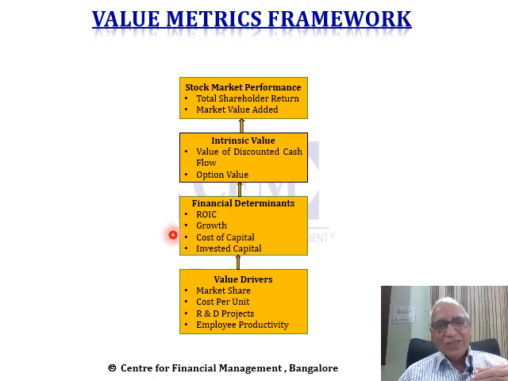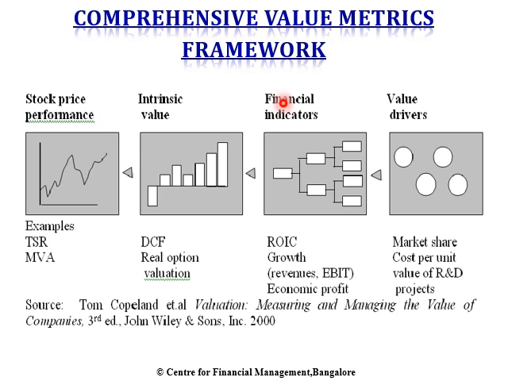We have seen that these are factors which determine the value of the discounted cash flow stream. To that, if you add the option value, you get the intrinsic value of the firm, which is also the market value of the firm in a well-ordered market. This has a bearing on stock market performance, which is measured in terms of total shareholder return and market value added.